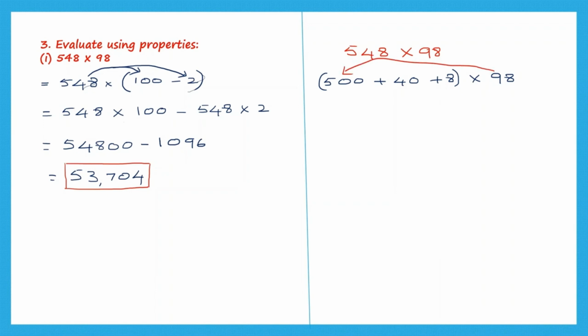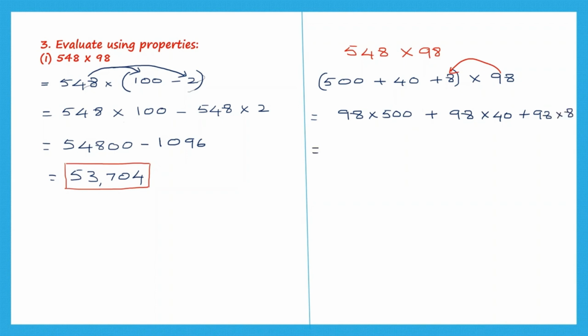So this will be 98 into 500 plus. Then we multiply into 40. So that will be 98 into 40 plus. Then I finished with 40. Now I'm going to take the next number, that is 98 into 8. So this is another way of doing it.